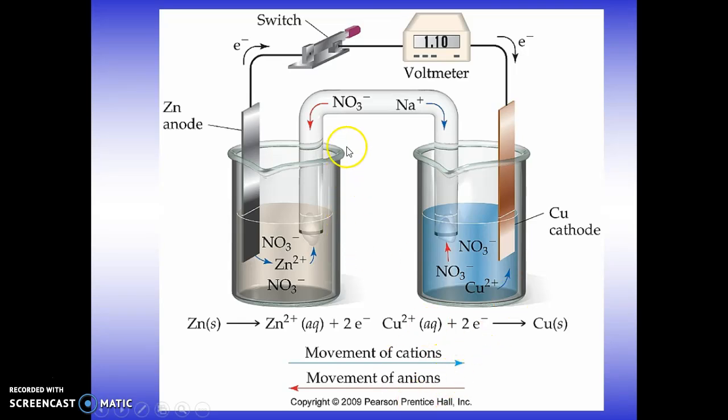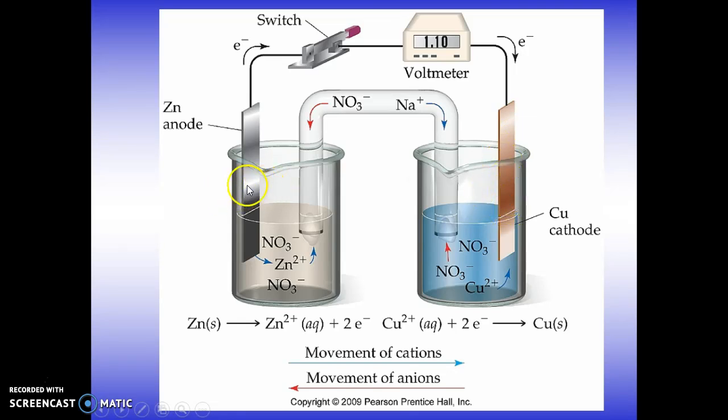But notice a couple other things. You have an electrode, which is a surface where the reaction takes place. In this case, the electrode is made out of the two metals that we are interested in. The zinc half reaction has the zinc electrode. The copper half reaction has the copper electrode.